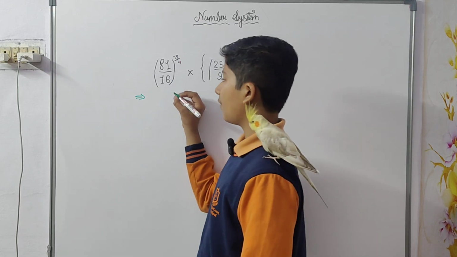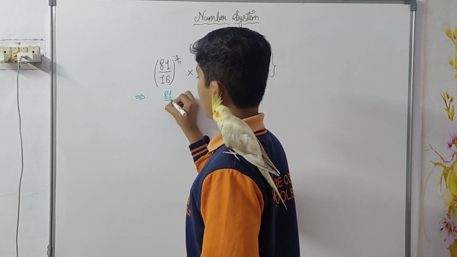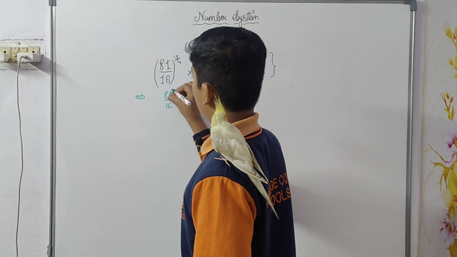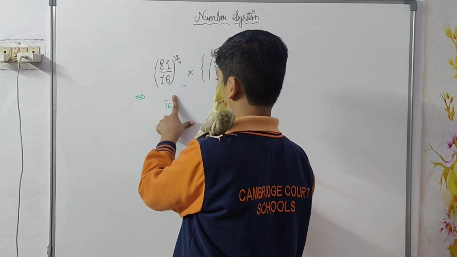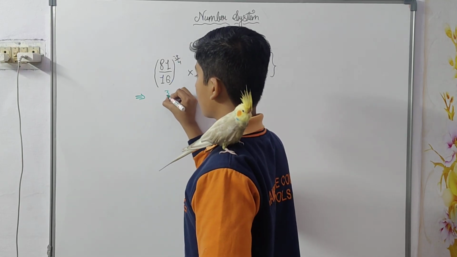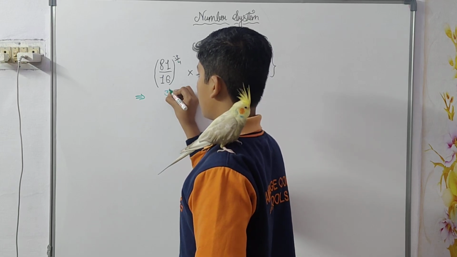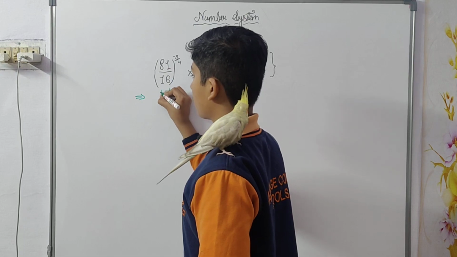Okay, firstly I'll simplify. It will be 81 by 16 to the power minus 3 by 4. Wait, we can write 81 as 3 to the power 4 and 16 as 2 to the power 4.